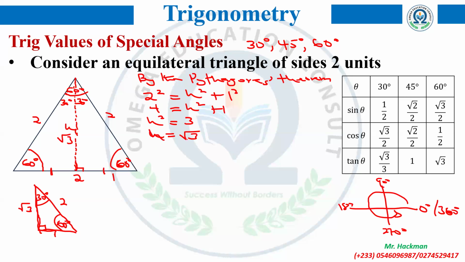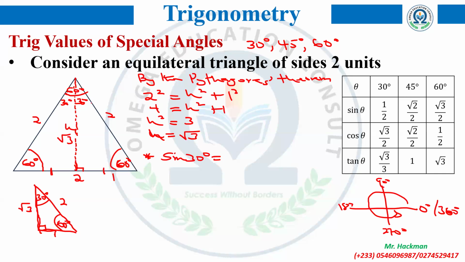So h will be equal to root of 3. Once I know the measures of all the sides, I'm more than able to find my trig ratios involving the angles 30 and 60. Let me start with the first one: sine 30 degrees. Sine is which number over which number? Sine is opposite over hypotenuse.